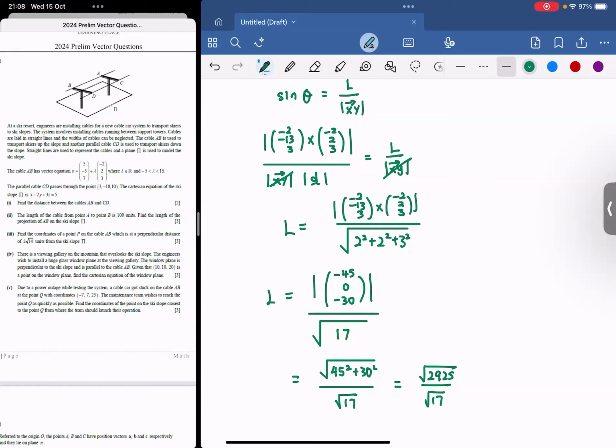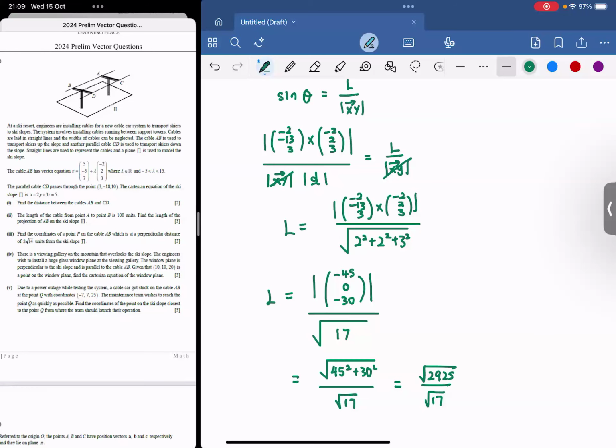2925 can divide by what? Somebody with a calculator can do it better, more efficiently. It can be divided by 25. It can be divided by 9.